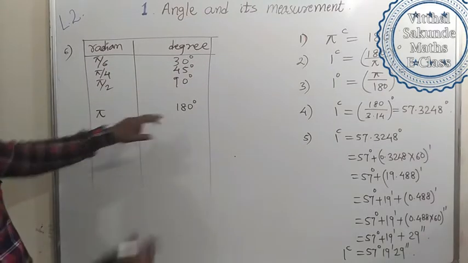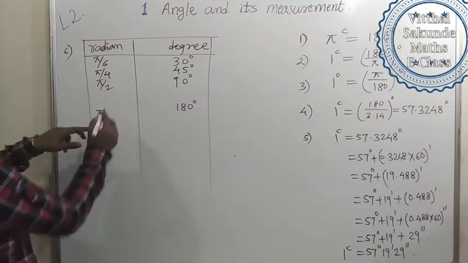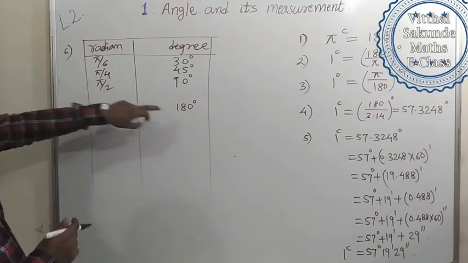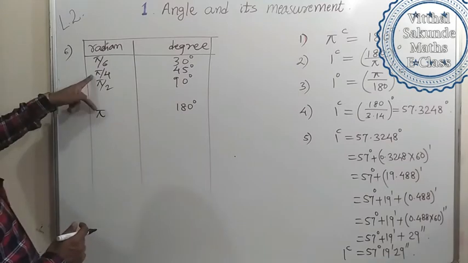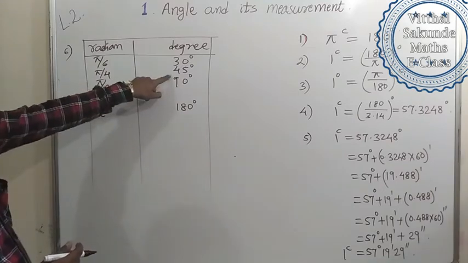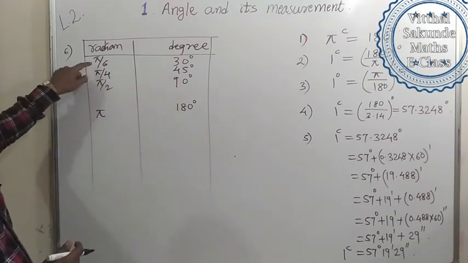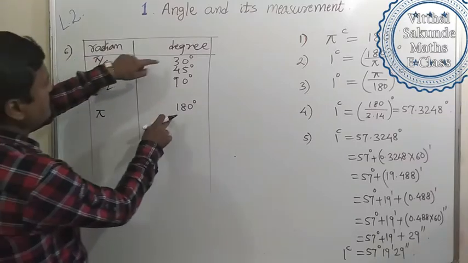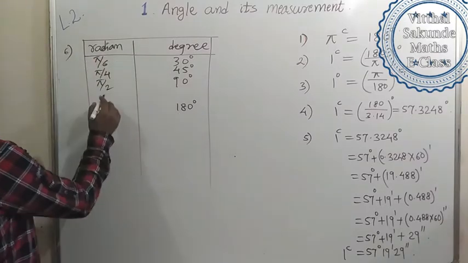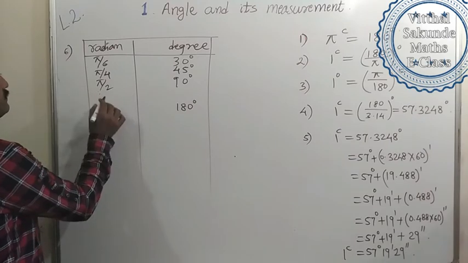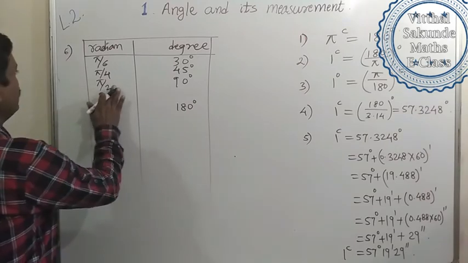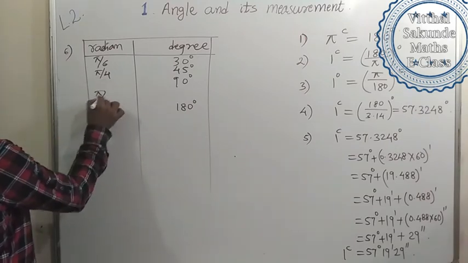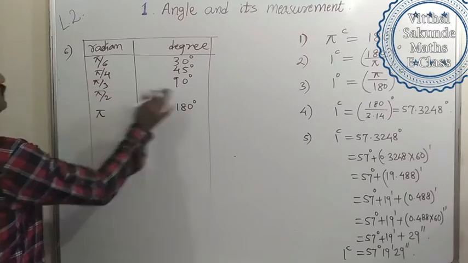Because pi is equal to 180 degree, pi by 2 will be its half, that is 90. Its half is pi by 4, so it is 45. This pi by 6 means 1/6 of pi, 1/6 of 180 is 30 degree. Then pi by 3, let us write this, pi by 3 here.